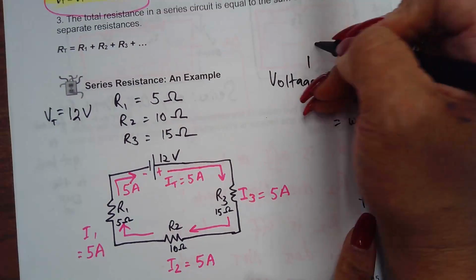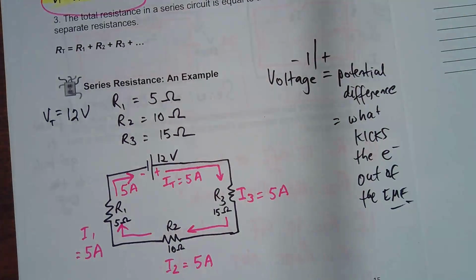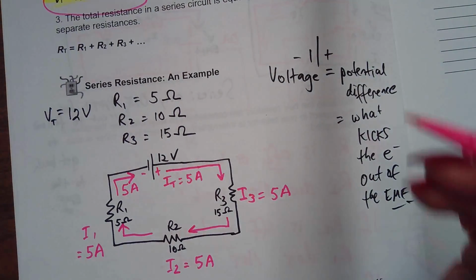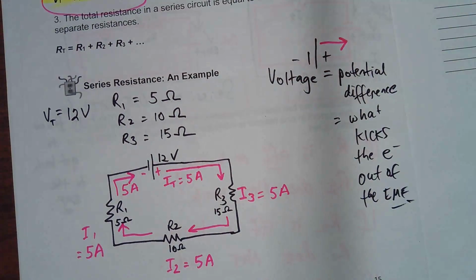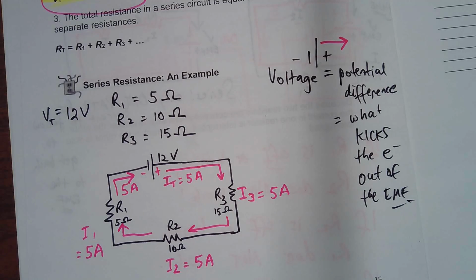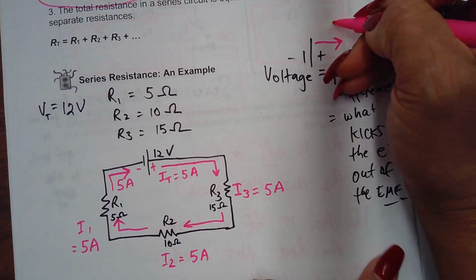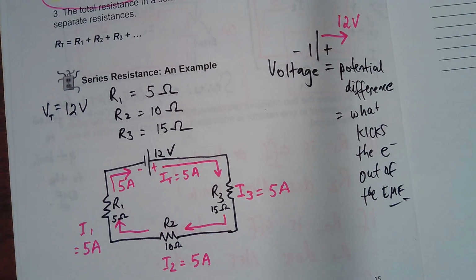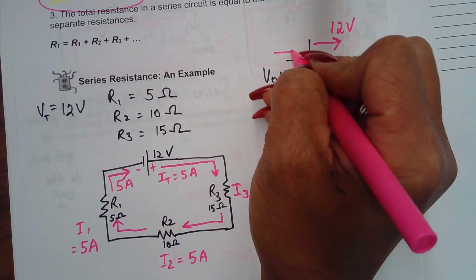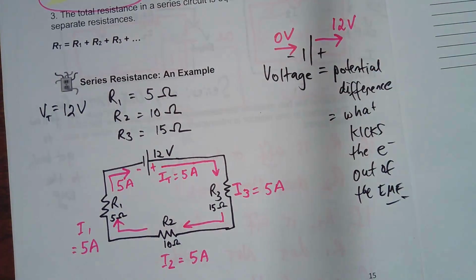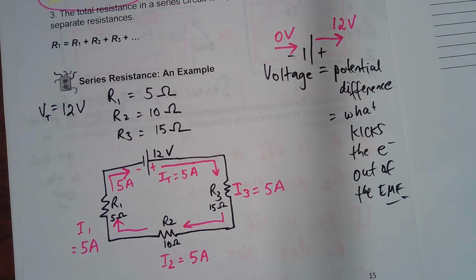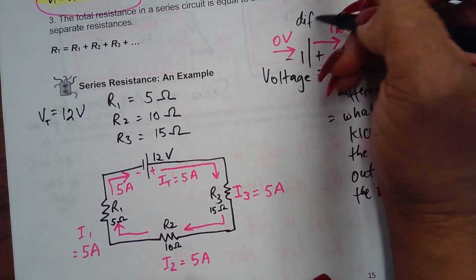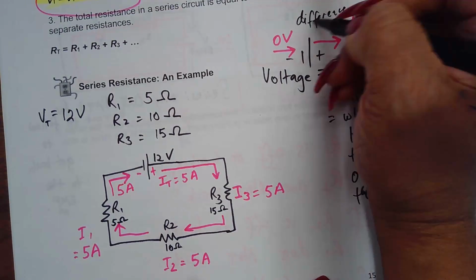So when the current comes out, it's because the electrons are being kicked out. Let's say you push it out with 12 volts. What has to come back has to be 0 volts. You see the difference right here? There's the potential difference.